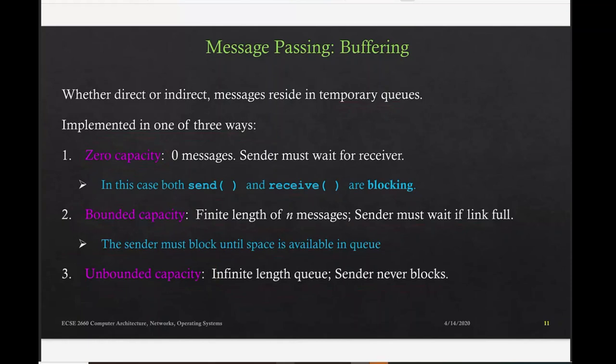But if the receiver is going to receive that message very far out in time, then it might really not help the application. So I hope you see the difference between the bounded capacity buffer and the unbounded capacity buffer. In general, a bounded capacity buffer with the application driving the size of that buffer works really well. You don't want it to be too small and you don't want it to be too long.